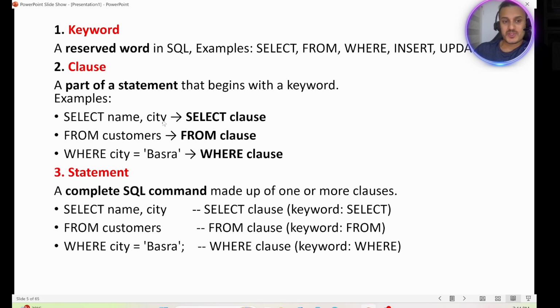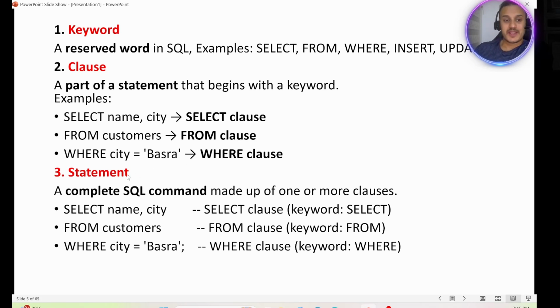Select name and city is called the select clause, not just the word select but the word with the column names. From customers is the from clause. Where city equals, for example, Basra, is the where clause. So a clause contains the keyword and the table or column names.